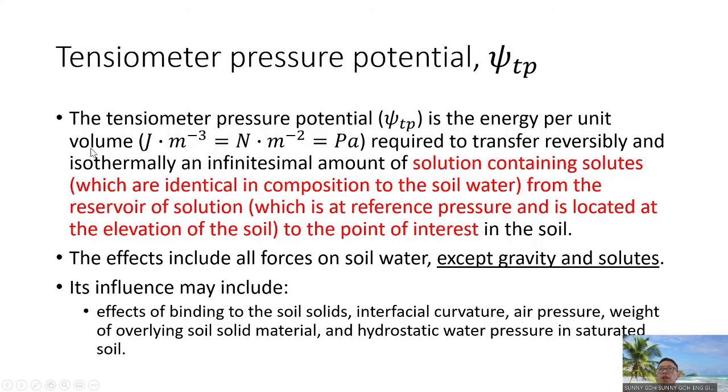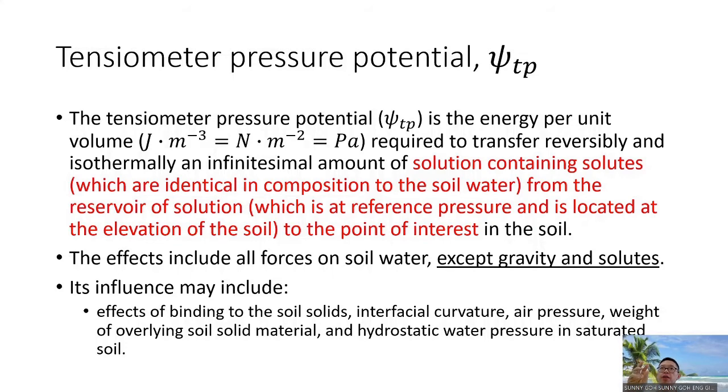So the easiest way to understand this is that it is basically the relocation of water that may contain solute but does not include the effects of solute. So if the water that contains solute is at a location x1, now we try to relocate it to a location x2 which is also horizontal, right?